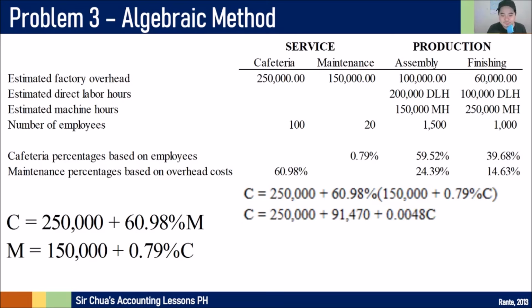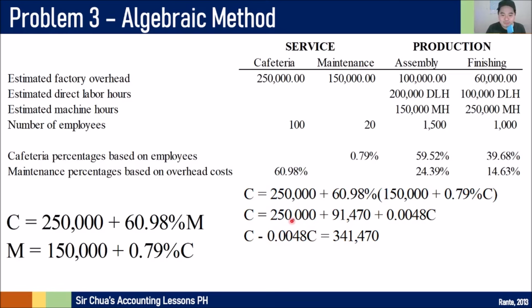Okay, and then, what happens is you just distributive multiplication, 60.98% times 150,000, that's 91,470. And then 60.98% multiplied by 0.79% C, 0.0048C. Okay, then transpose 0.0048C to the other side.